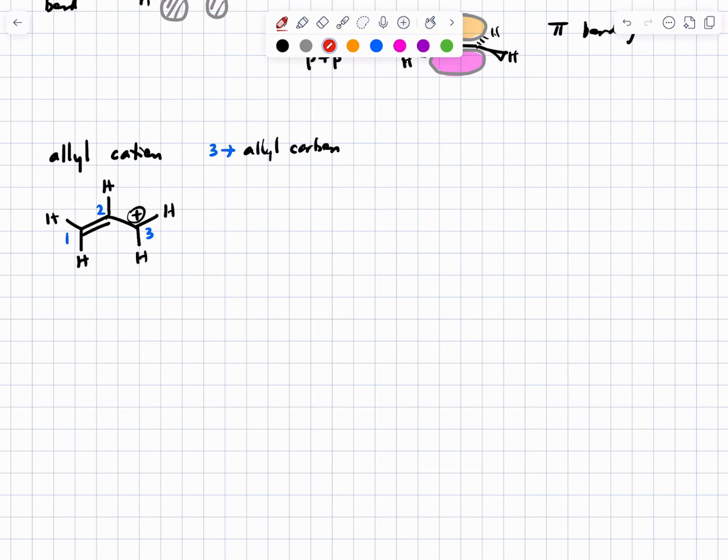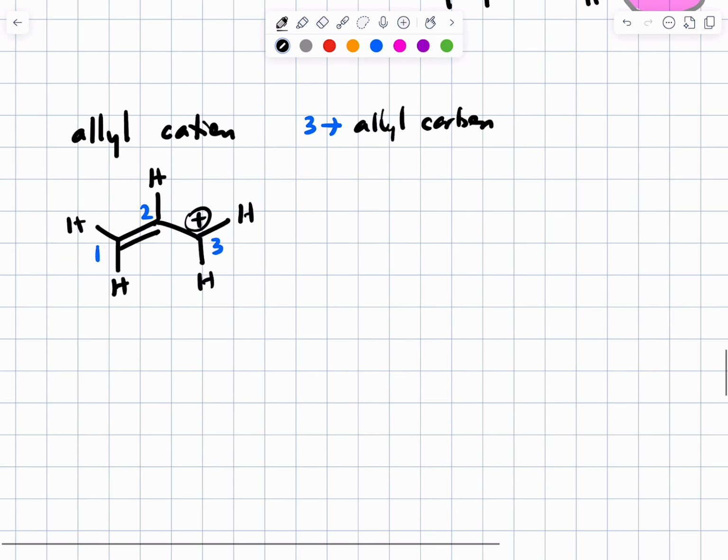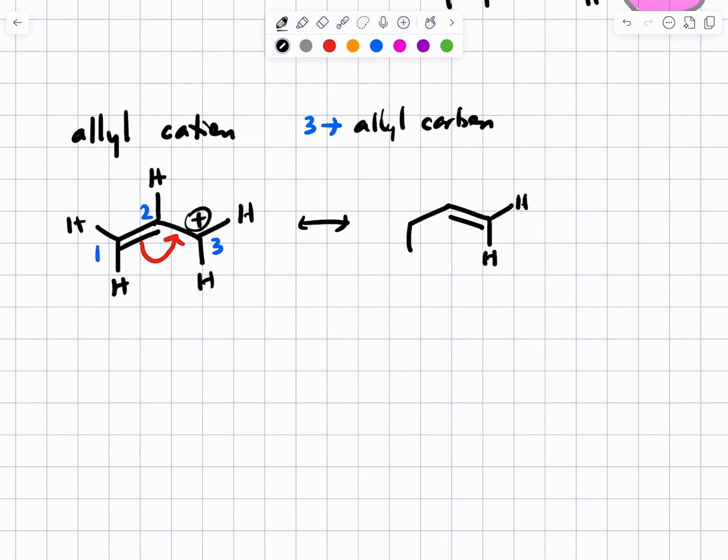Now, one of the things you should be able to see, based on what you know about resonance, is that when you have a positive charge adjacent to a pi bond, you can move the pi bond over to form a new pi bond between carbons 2 and 3, and that leaves carbon 1 with a positive charge. Just to remind you what resonance means, and this is something that is difficult to get out of your head.